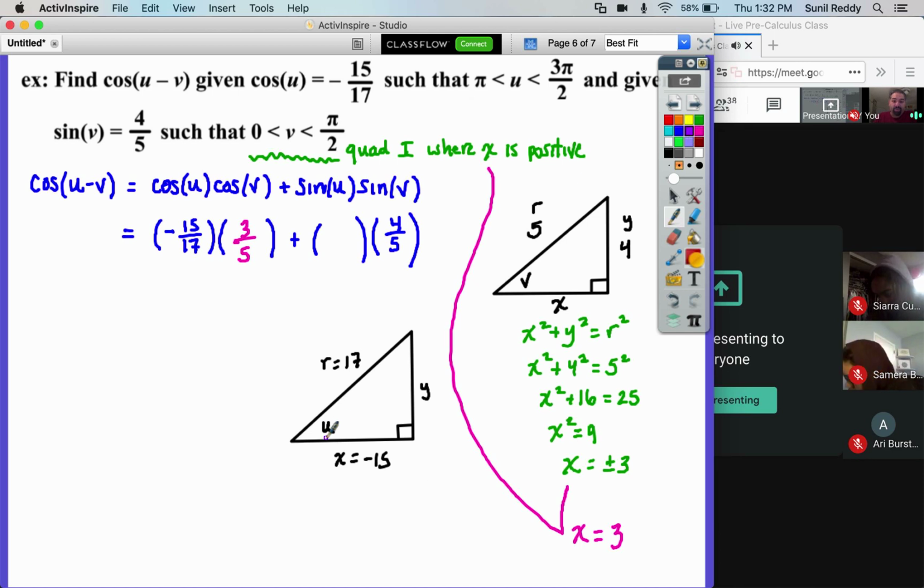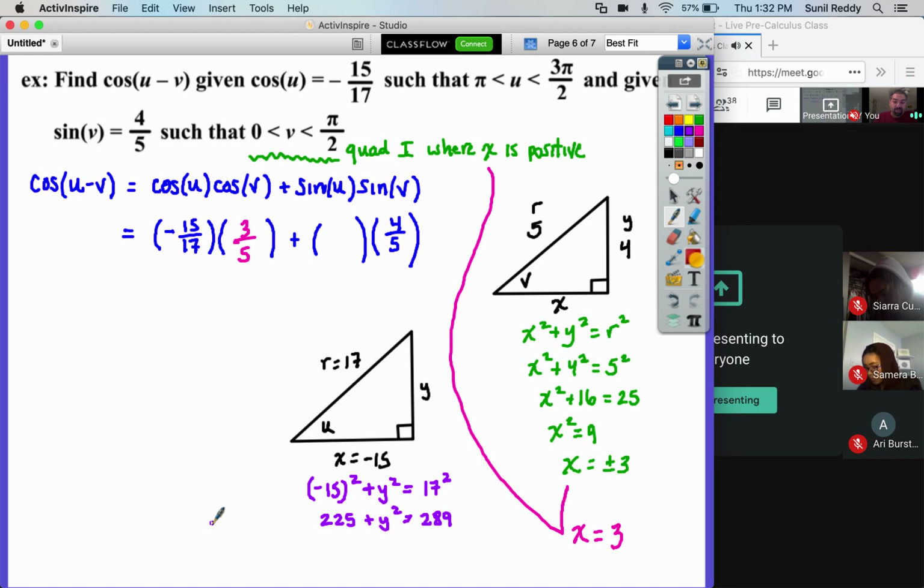But we can use the Pythagorean theorem again. So negative 15 squared plus y squared should give us 17 squared. Negative 15 squared is 225 plus y squared equals 17 squared, which is 289.